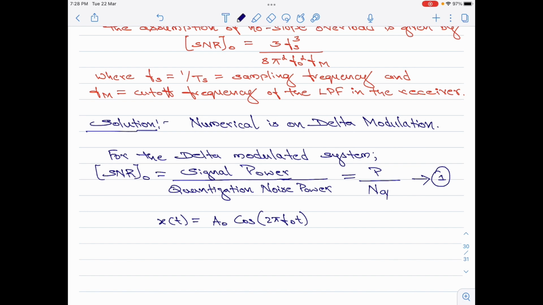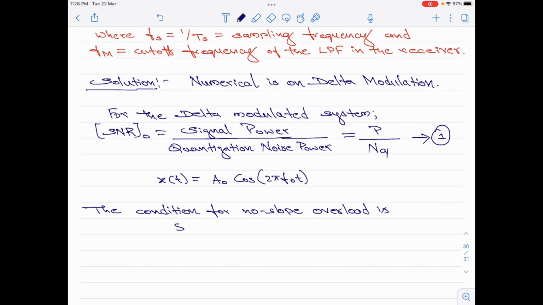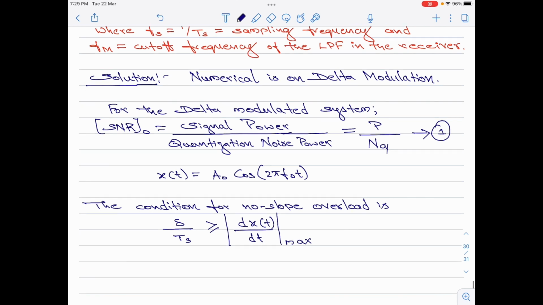So, we will start with the condition for no slope overload. The condition is delta divided by Ts is greater than or equal to the magnitude of dx of t divided by dt, max. Let us call this equation 2.